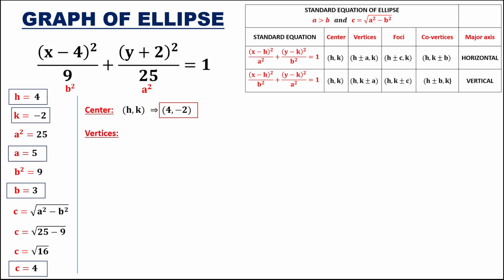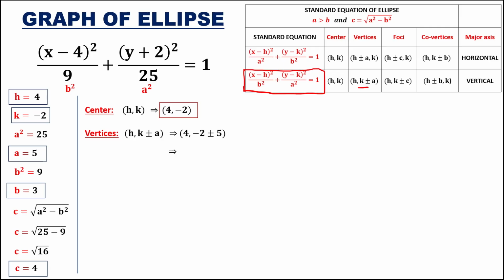Then for the vertices, again, from this vertical ellipse, this is now the formula for the vertices: H, then K plus minus A. So H is +4, K is -2, and A is 5.